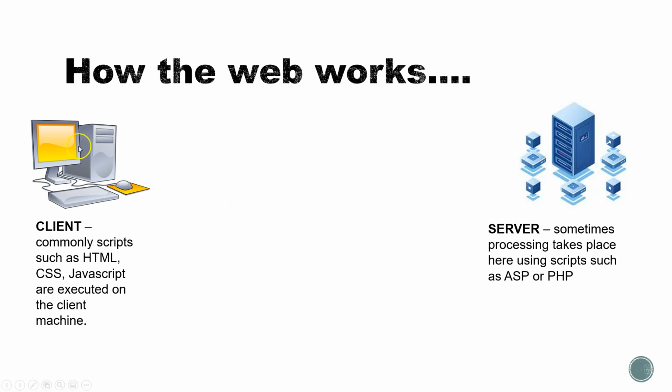Now I've got a computer picture here. It doesn't necessarily need to be a computer. It could be a mobile phone, it could be a tablet, whatever. But ultimately, the scripts are executed on the client machine.